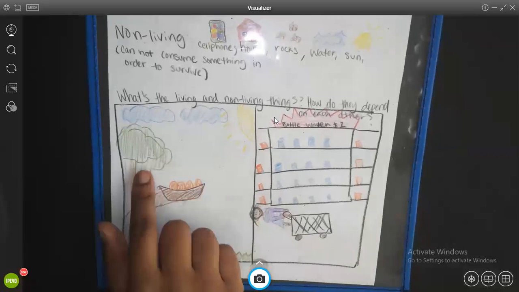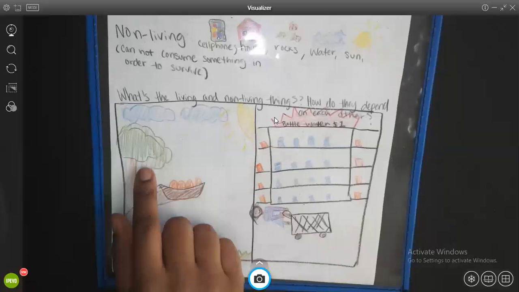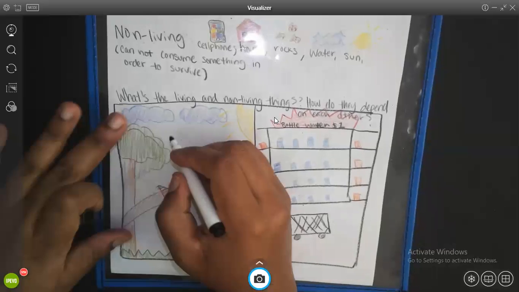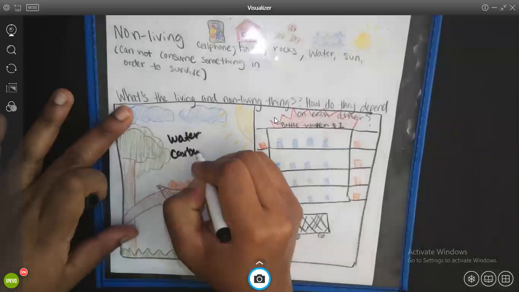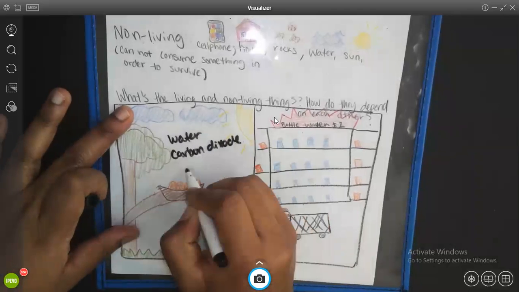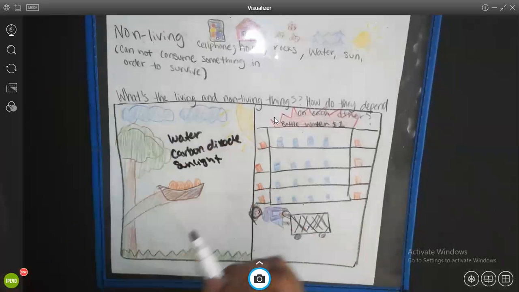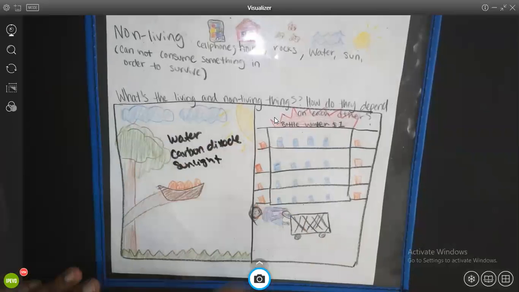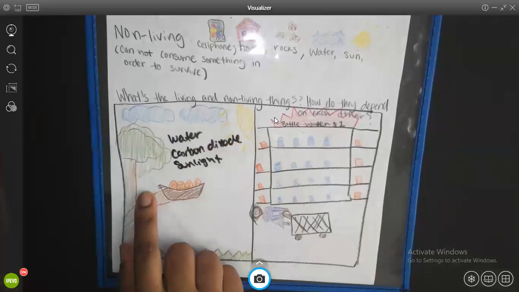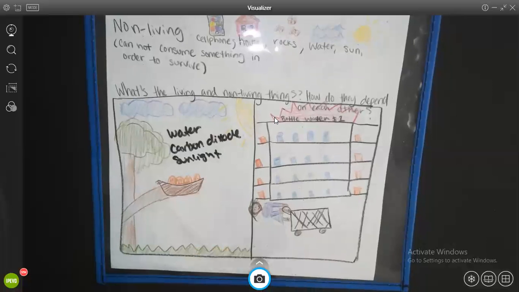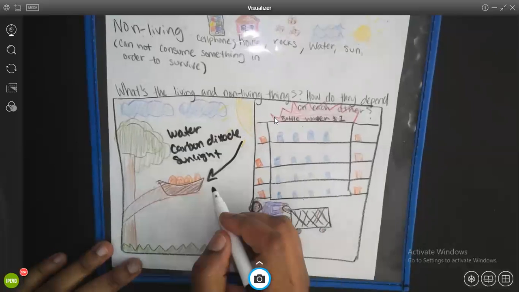Well, the tree depends on the sun in order to grow, because the tree needs three things in order to survive, which are water, carbon dioxide, and sunlight, right? So all of these non-living things help this tree survive. And the egg also needs the sunlight to warm it up.